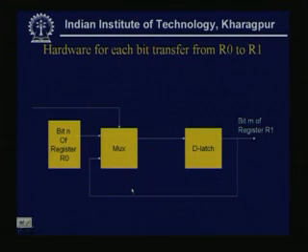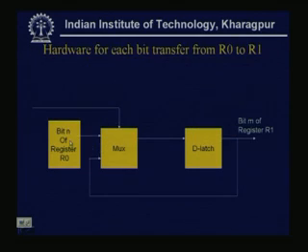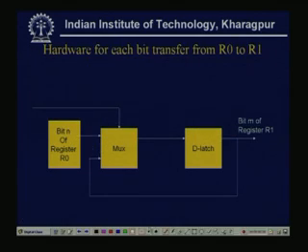So, each bit transfer. This is bit n of register R0. That means this is register R0, and from there one bit is coming here. So, this is one bit by bit transfer. This R0 is a 16-bit register.